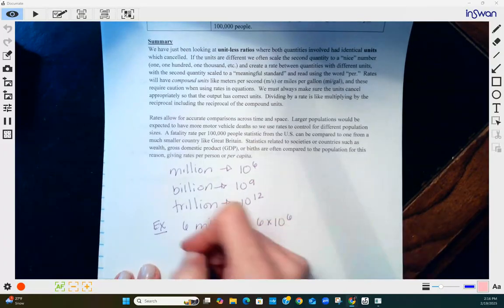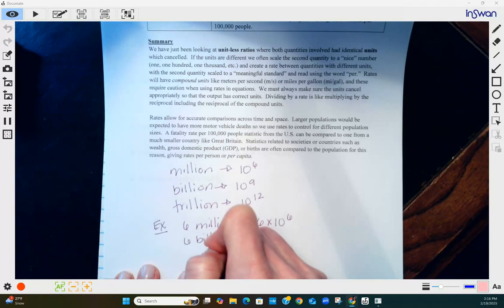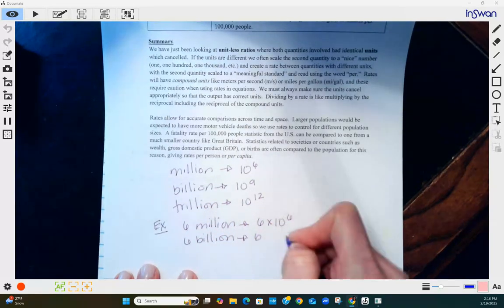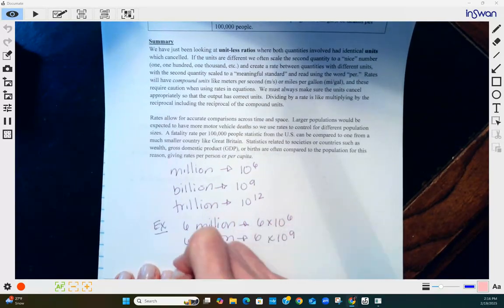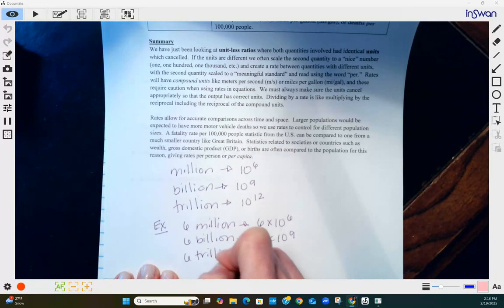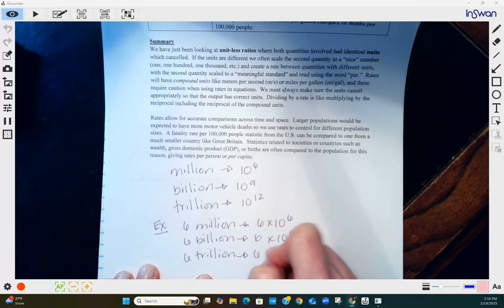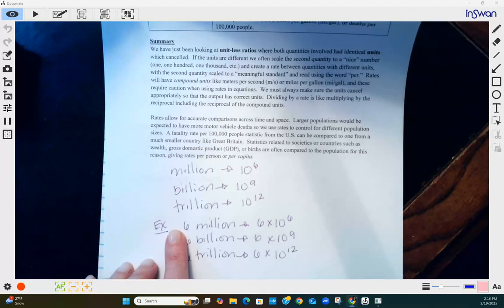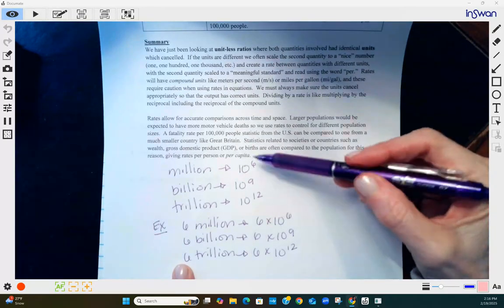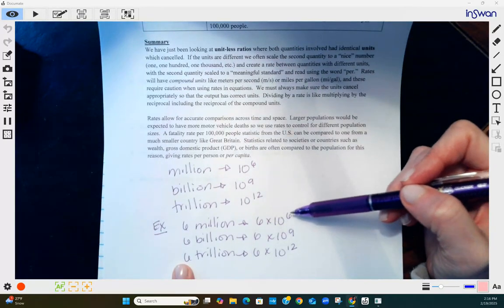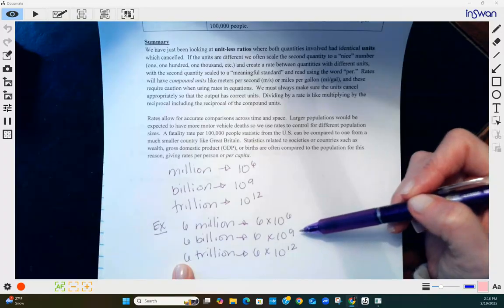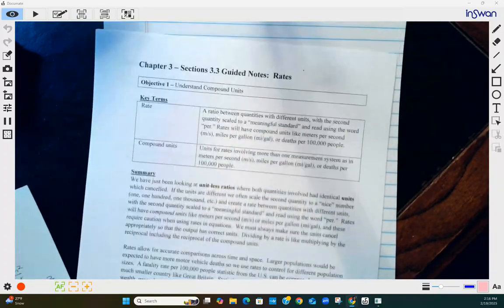You could do that in your calculator. So 6 billion would be 6 times 10 to the 9th. 6 trillion is 6 times 10 to the 12th. So whatever number you have before the million, billion, trillion, you can multiply it times the 10 to the appropriate power, because that indicates how many zeros are in those numbers.